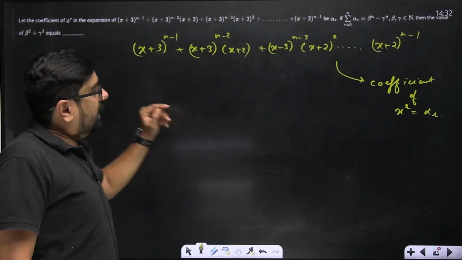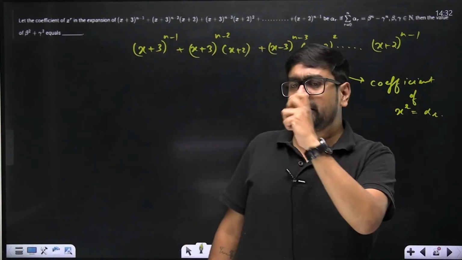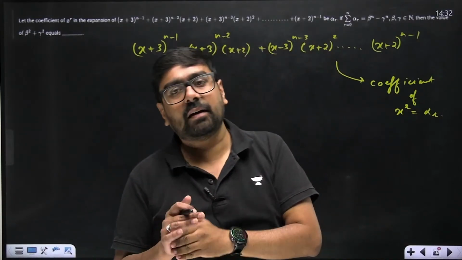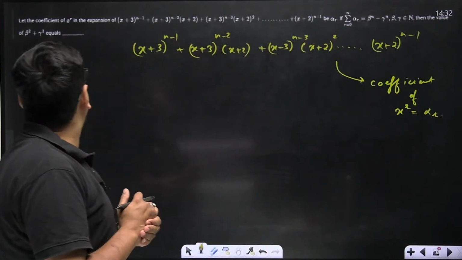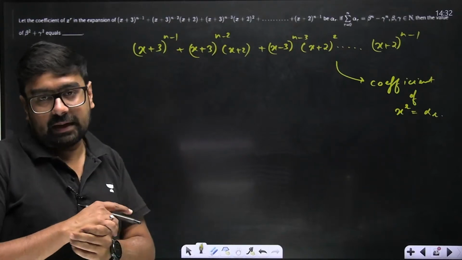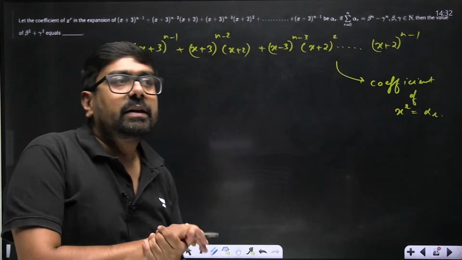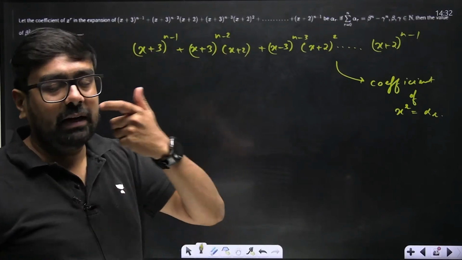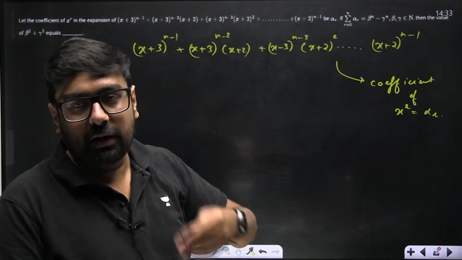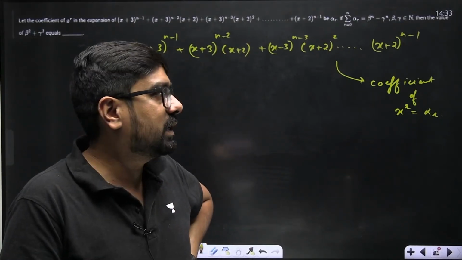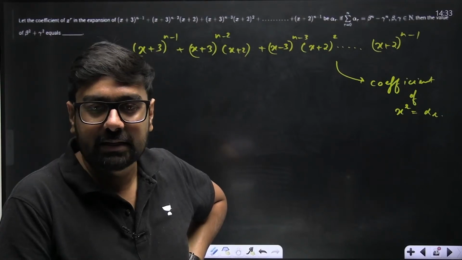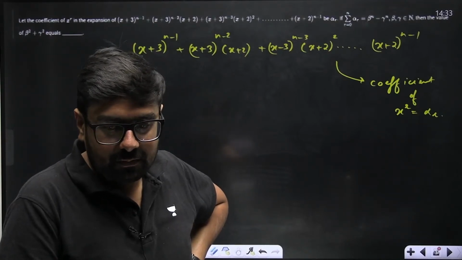But when we look at it, two or three things should come to our mind whenever they are asking about the coefficient of x to the power r, right? Sum of coefficients or coefficient of x to the power r. One trick which many books and teachers mention is to put x equal to 1 on both sides, and then you'll get the coefficients.